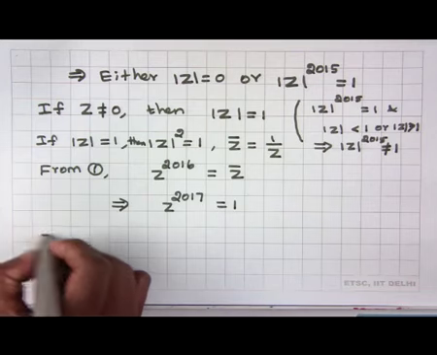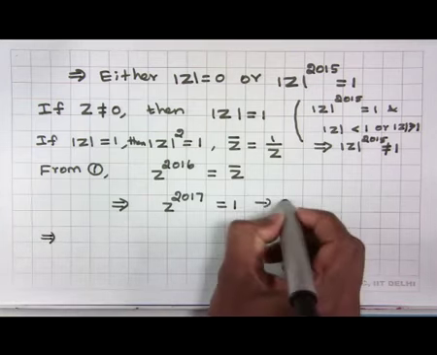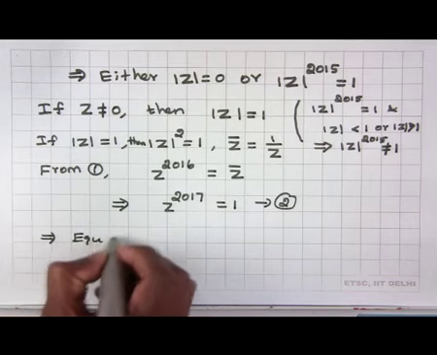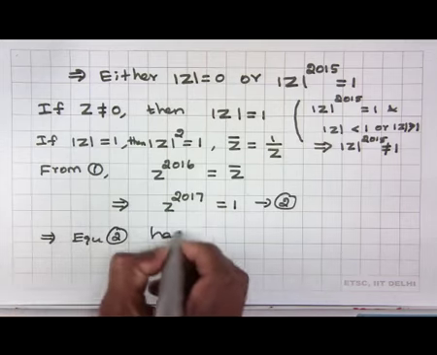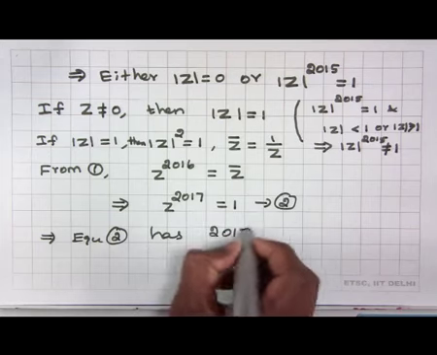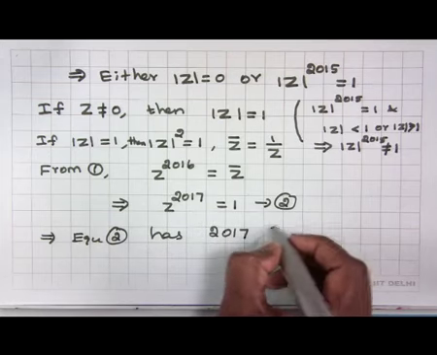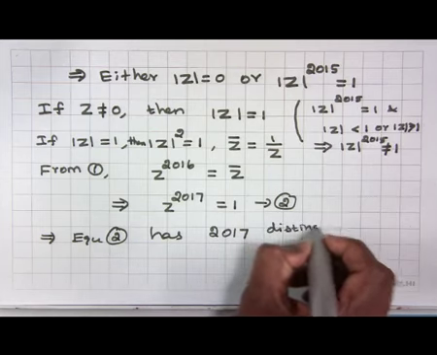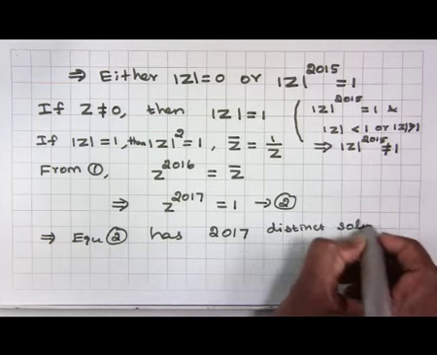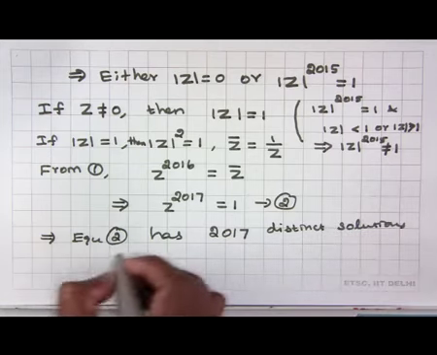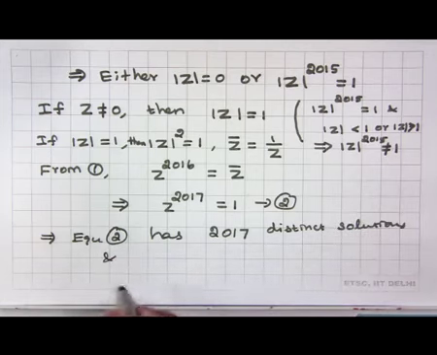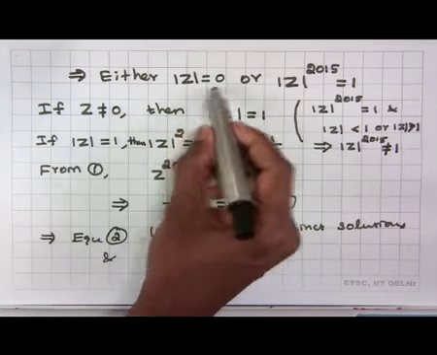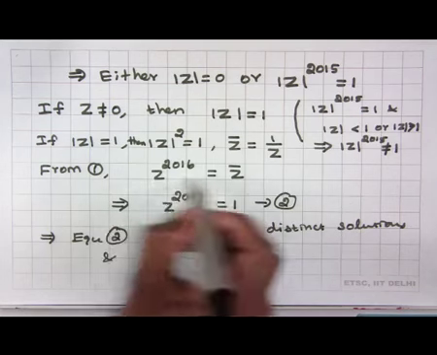So, it means that equation 2 has 2017 distinct non-zero solutions, and notice that we observed z equal to 0 also satisfies equation 1.